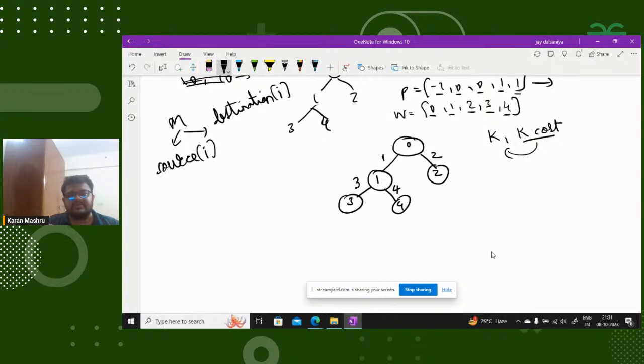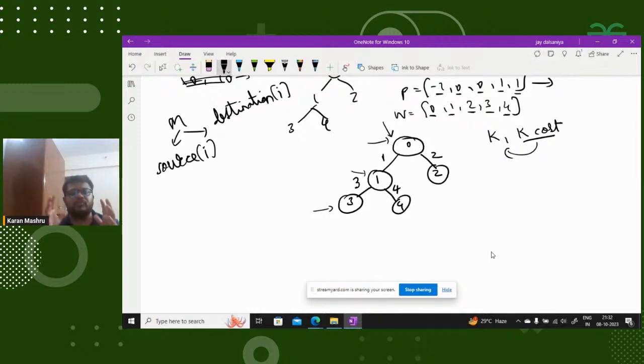Let's say there is one parcel from city 0 going to city 1, and another parcel from city 0 going to city 3. You cannot take both parcels from city 0, drop one at city 1 and drop another at city 3. That's not the case. Basically, you first start from 0 and deliver the parcel to the first city, then again start from 0 and deliver the parcel to the third city.